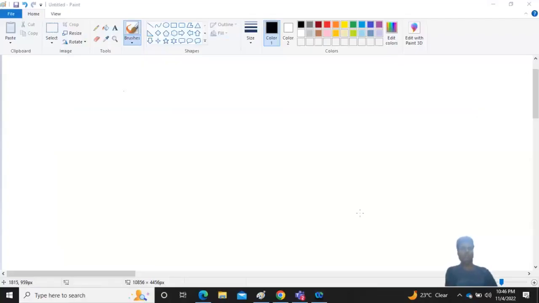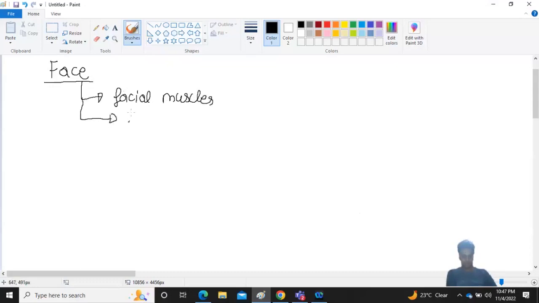So we are starting the phase. Here we have to study the facial muscles, blood supply, nerve supply.